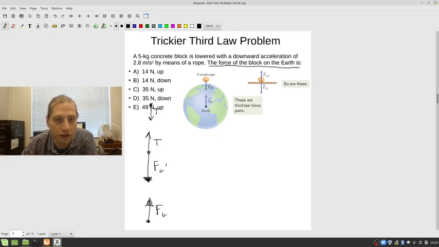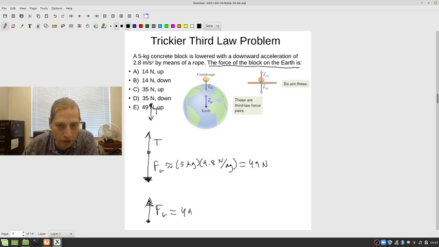Now it's a 5 kilogram block, so this is going to be 5 kilograms times 9.8 newtons per kilogram. So that force is right around 49 newtons. Hence, the force pulling up is 49 newtons as well. That's the answer.